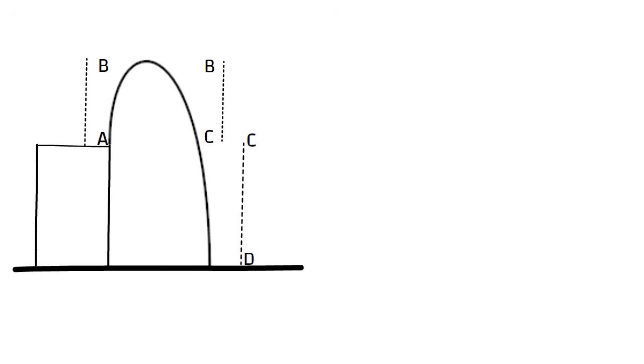That means you calculate delta y from A to B and then add the height of the building, meaning you will have the maximum height above the ground, because the ground is down here at point D and then the maximum height at point B. So it is exactly like them saying calculate the height from B to D, in other words. So the maximum height above the ground is either you calculate the height of AB, delta y of AB, add the height of the building, or you calculate the height of BC, calculate the height of CD and add them, or you calculate the height BD. That is the maximum height above the ground.